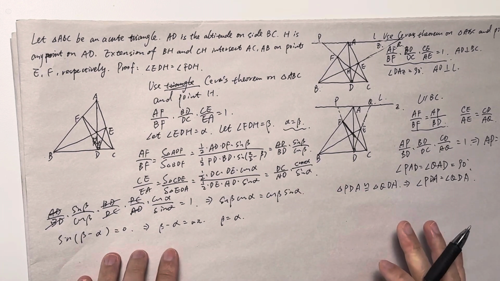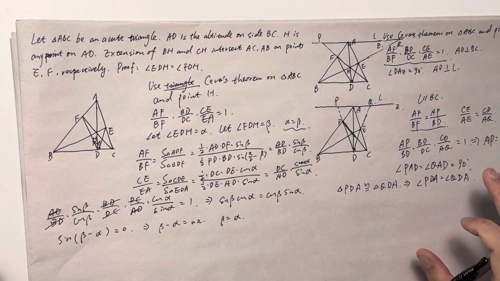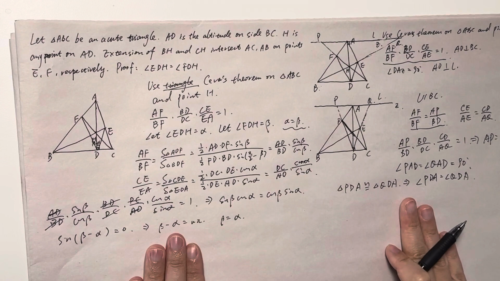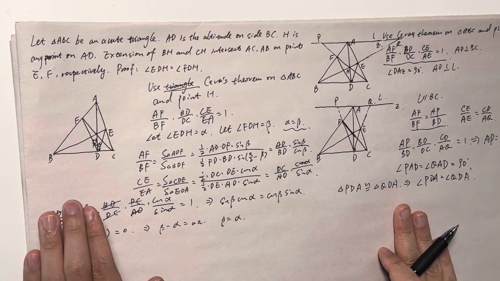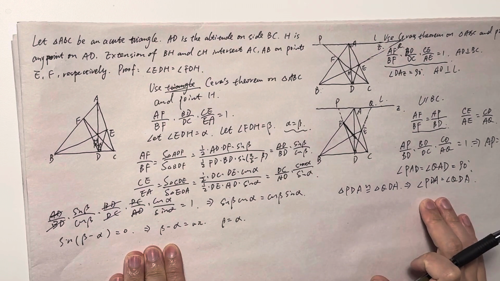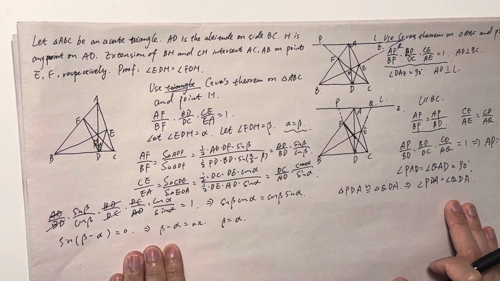The idea is the same. Based on this, we will see some variants, but this is our very basic idea that we can do it from the area ratio, or we add some auxiliary lines to help us solve the problem.